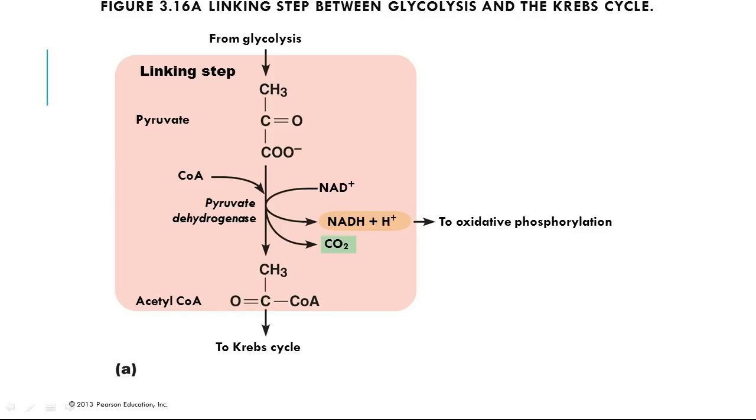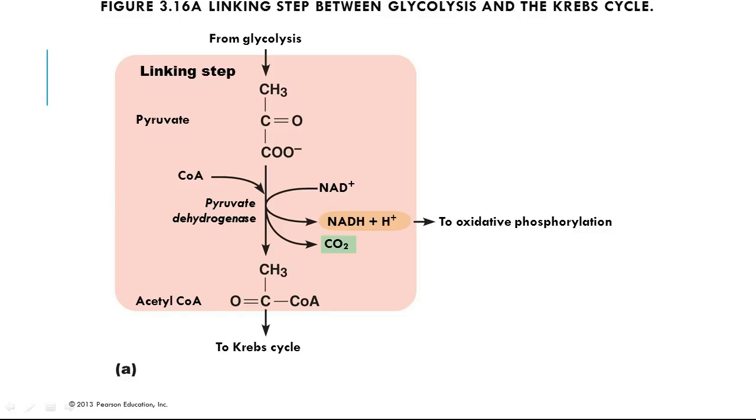Okay. Coenzyme A is bound with pyruvic acid. We get rid of a hydrogen ion to form what? Pick off a hydrogen ion and form NADH. Also release hydrogen ion.